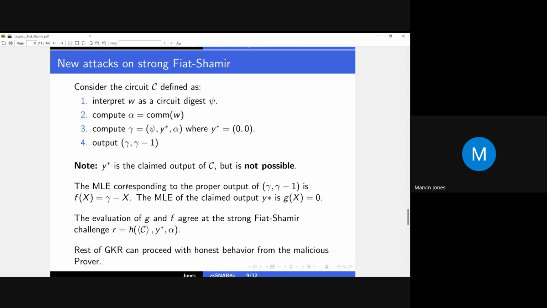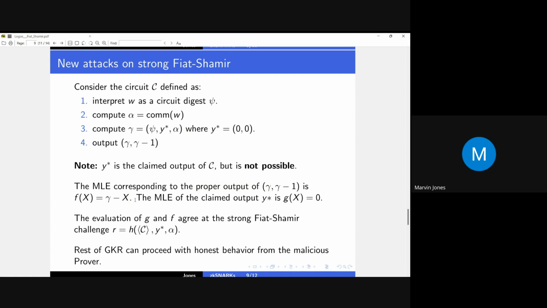What happens now is, if I take a multilinear extension of the proper output, of what the proper output should be, we have gamma, and just to make things make sense, an array of gamma minus 1. If we take this array and compute the multilinear extension of it, then we want a linear function that gives us gamma when we plug in 0, since that's the 0 entry, and gamma minus 1 when we plug in 1.